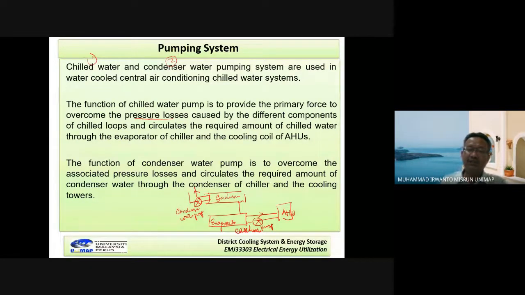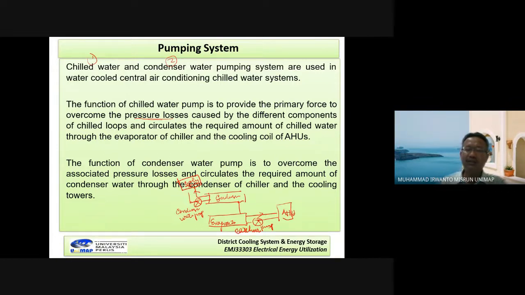This condenser water pump is installed between the condenser here and the cooling tower. We read that the function of the condenser water pump is to overcome the associated pressure losses and circulate the required amount of condenser water through the condenser of the chiller and the cooling tower.